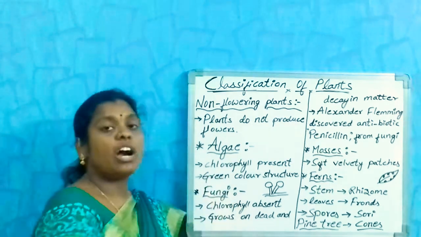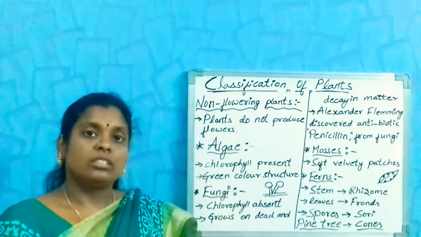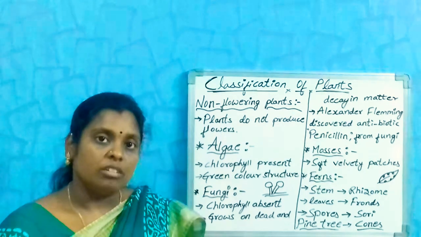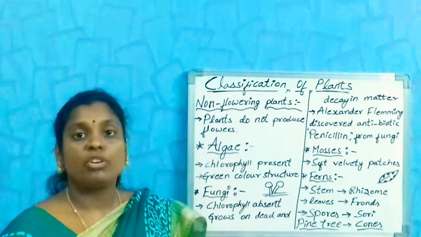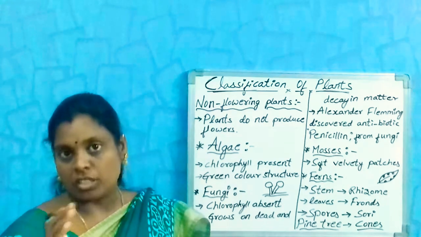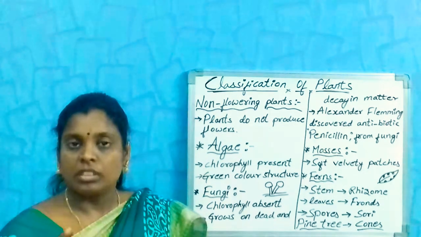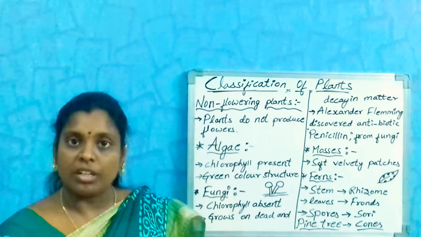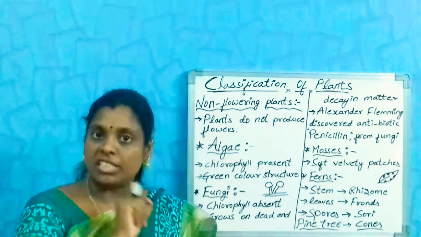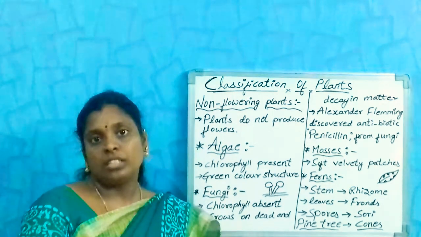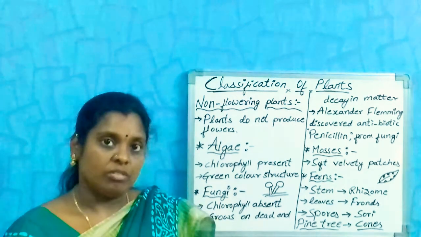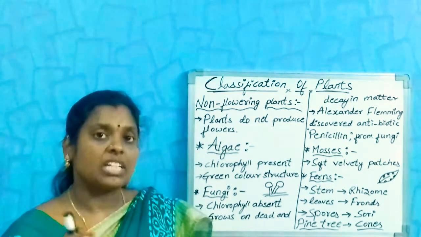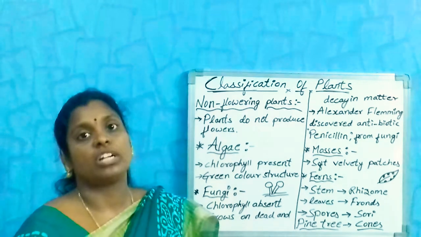If you see the algae, where can you see this algae? If you take a glass of water from the pond, you can see small greenish structures near the pond. You can see the green color structures moving in the water.